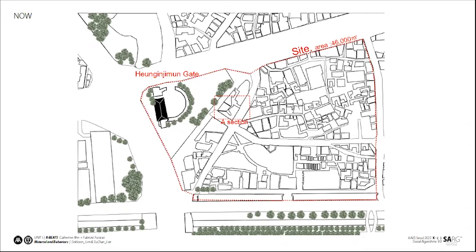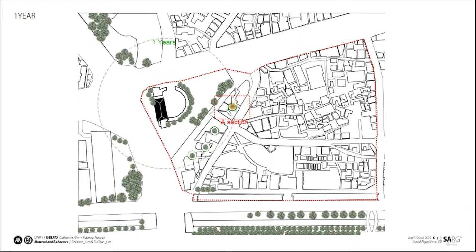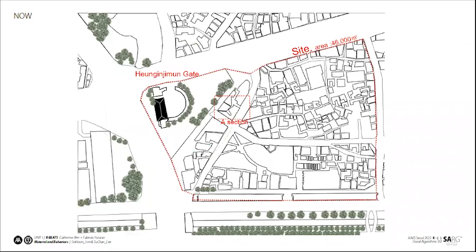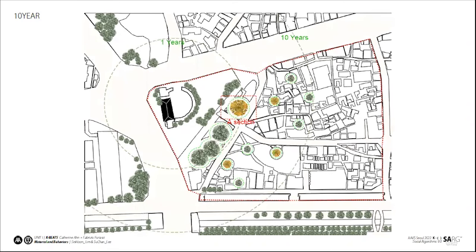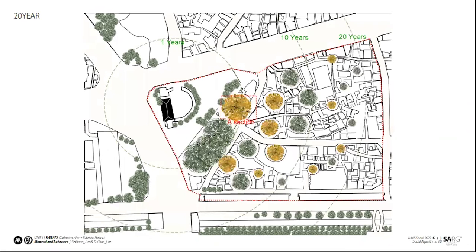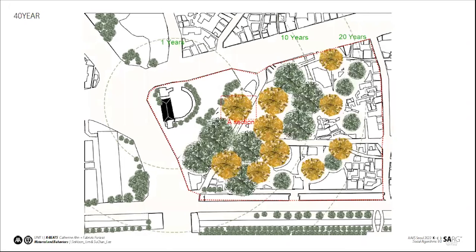The site has an area of about 46,000 square meters, and we will show you how to change it in a timeline. What you see is now, and 1 year, 10 years, 20 years, 40 years.